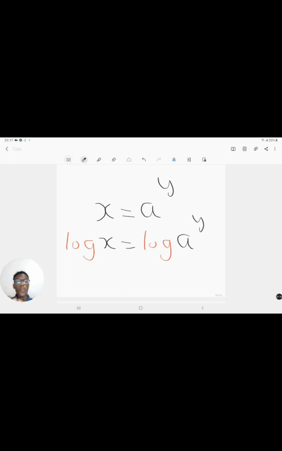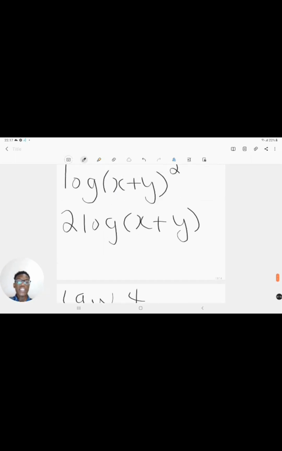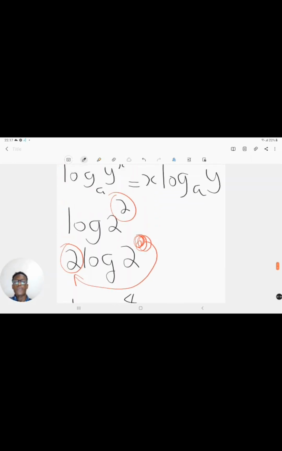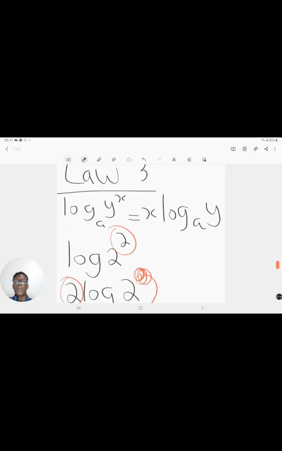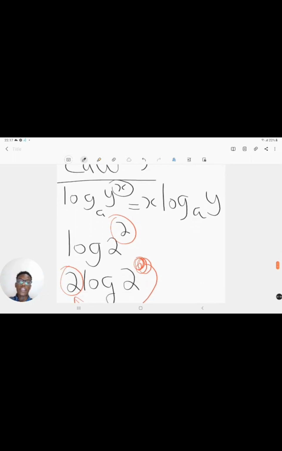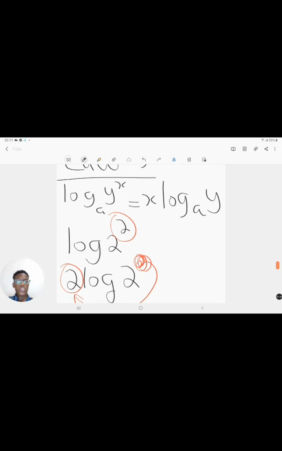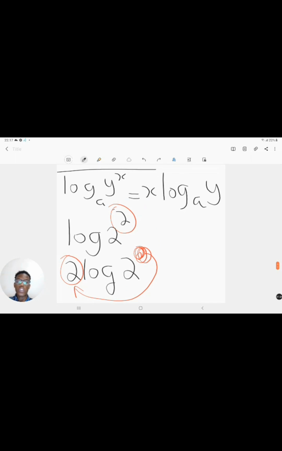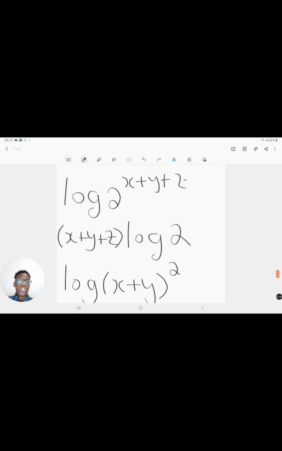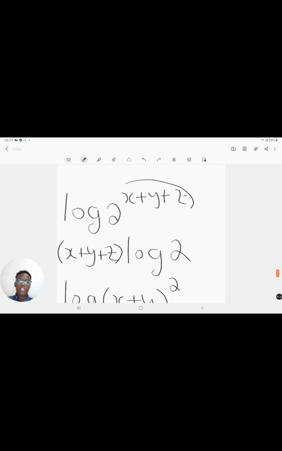Now, from law number 3 that we just looked at right now, law number 3 says if you have an exponent, you can make it your coefficient. Okay, and we did a couple of examples demonstrating that. Here you have 2 as the exponent, now it's your coefficient. X plus y plus z is your exponent, here it's your coefficient.